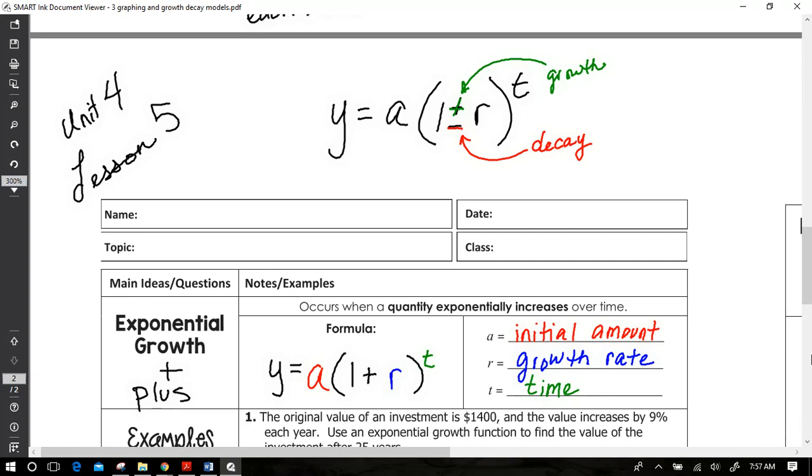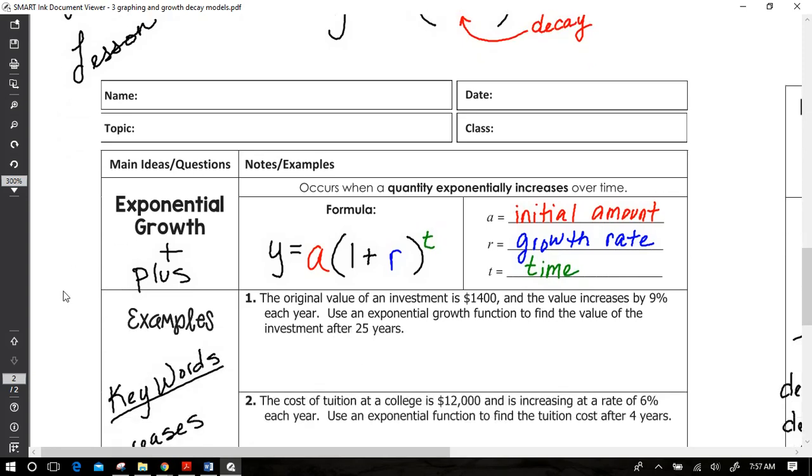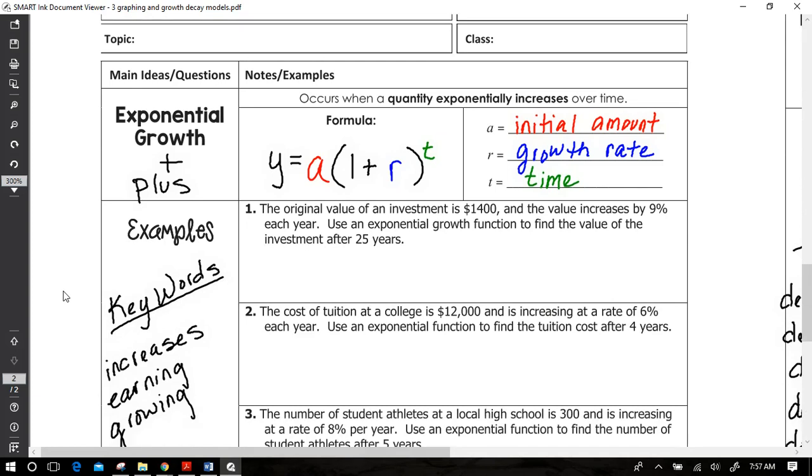So it kind of looks like two equations in our notes, but just keep in mind that it's really the same equation. We're just replacing that symbol in the middle, based on whether it's a growing situation or a decaying situation. So first, we're going to start by looking at examples that all have to do with growth.